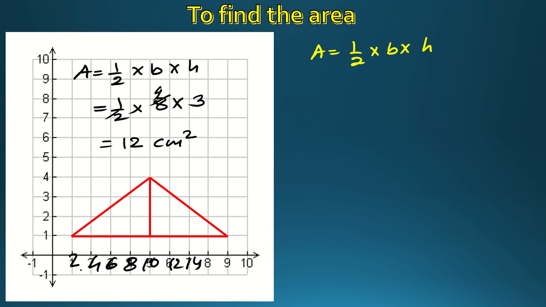So just take care of these numbers also. If they are double the number, then you also double the counting, meaning 1, 2, 3, 4, 5, 6, 7, 8. So the total length will be 16, because one box is representing 2 units now. So take extra care about these numbers.